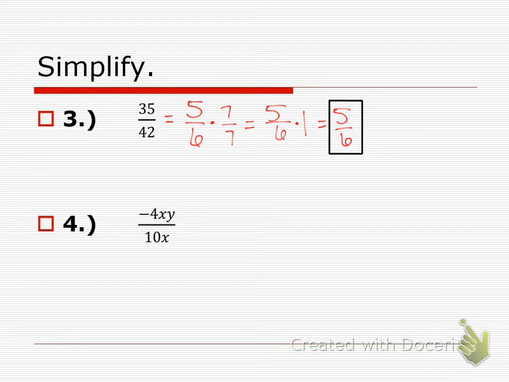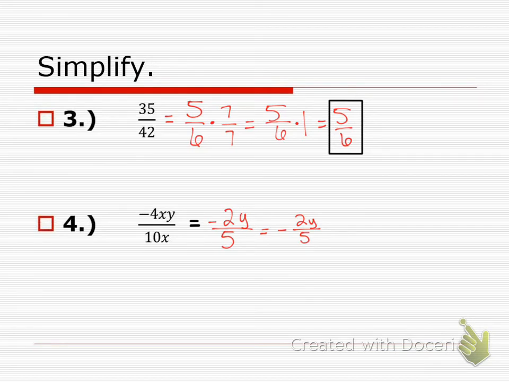Any volunteers before I pick somebody for number 4? Dominic? Negative 2 over 5y. I think you're close. Where should the y go? Top or bottom? Top. Good. So negative 2y over 5. It does not matter to me if you want to put the negative sign out in the very front of your fraction.